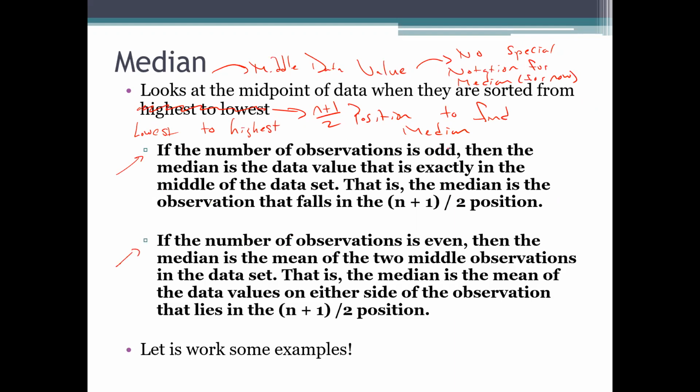How you tackle it is different if the number of observations is odd or even. If the number of observations is odd, this is the easy type of problem. If the number of observations is even, it's still easy to find, you just need an extra step.